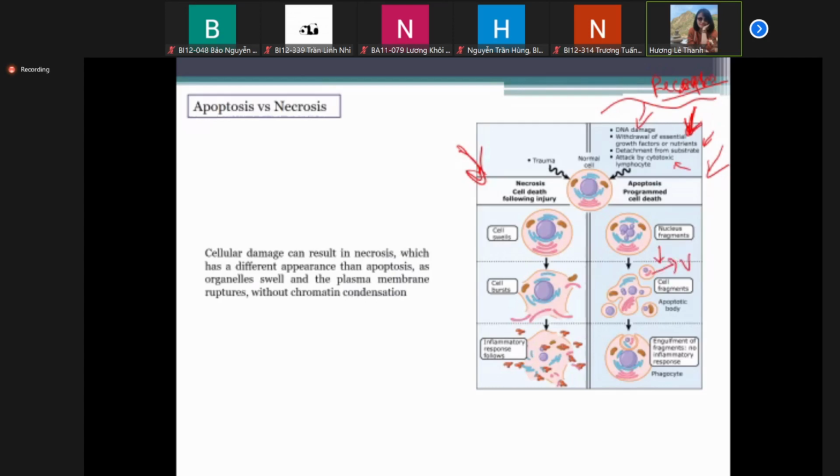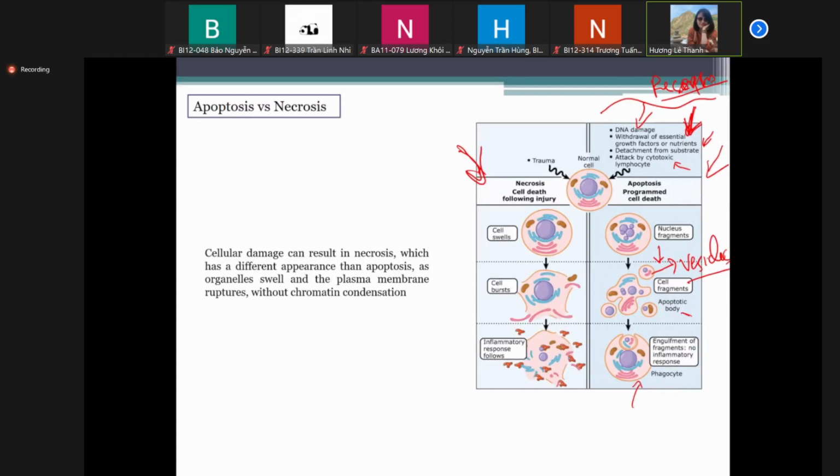Then the phagocytes engulf them, so other cells can reuse these fragments.